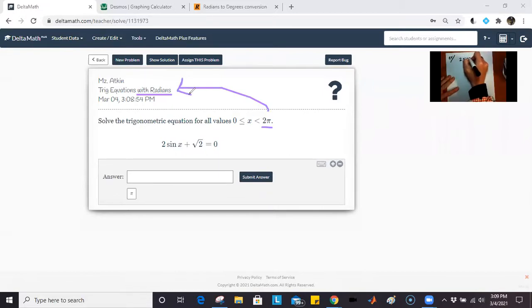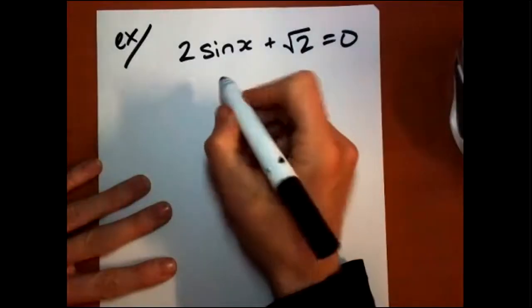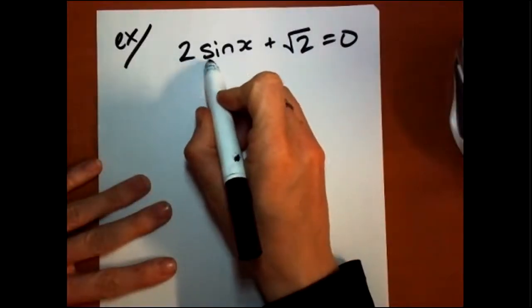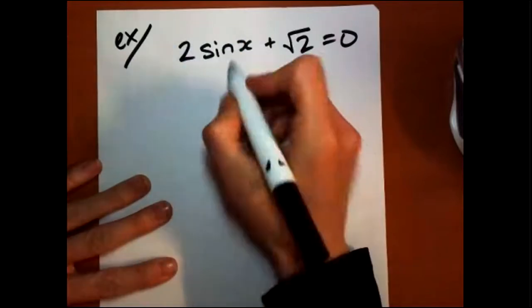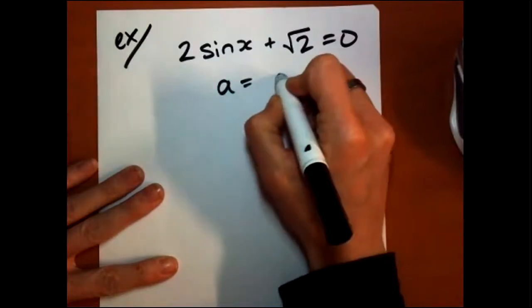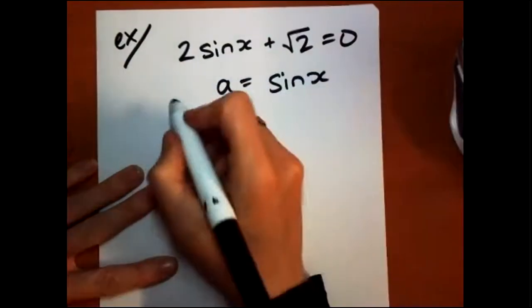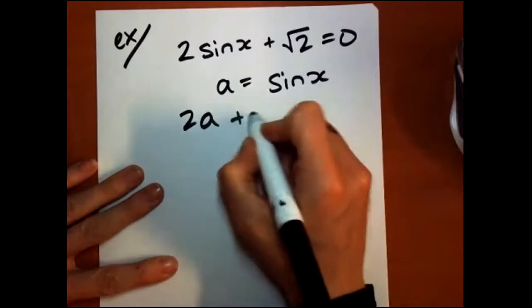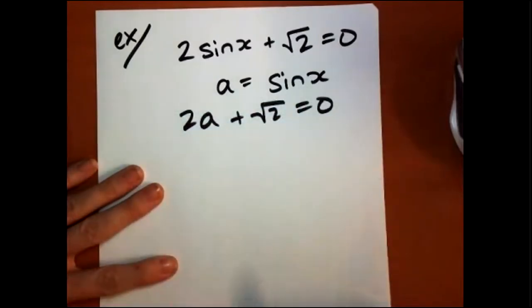2 sine of x plus the square root of 2 equals 0. And let's solve it. Okay, let's do the same thing here. Let's substitute out this sine of x as to not be confusing. I'm not going to call it x, I'll call it a. So a will equal the sine of x. So our new equation is going to be 2a plus the square root of 2 equals 0.